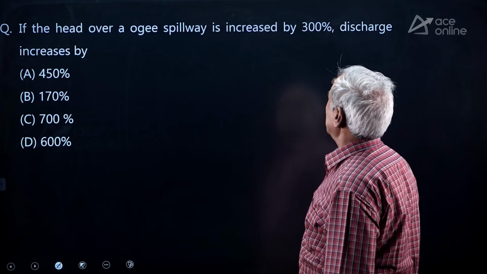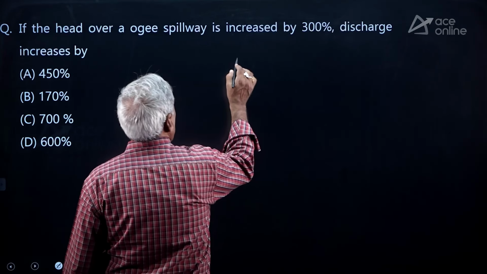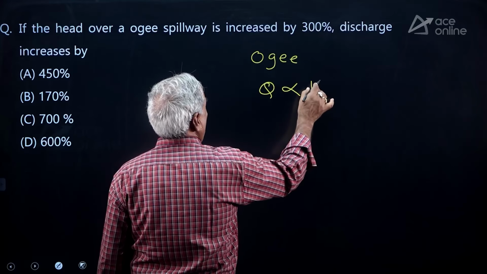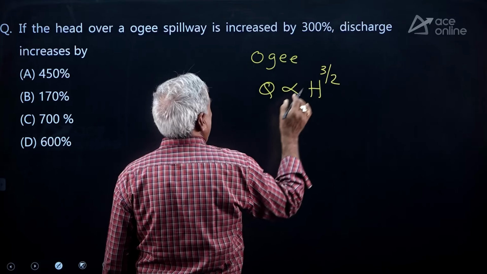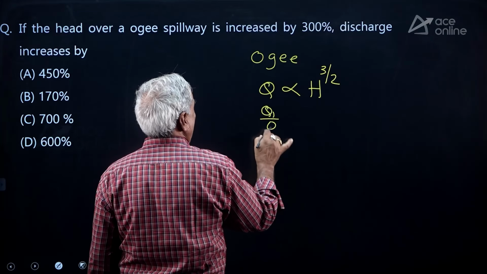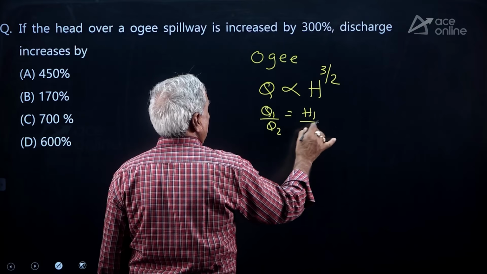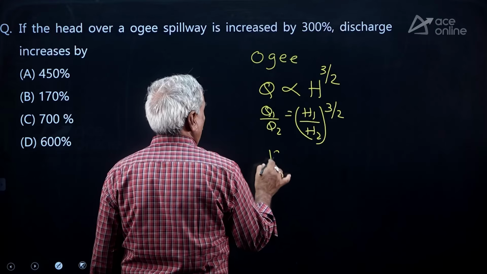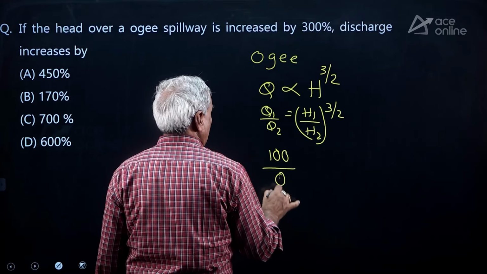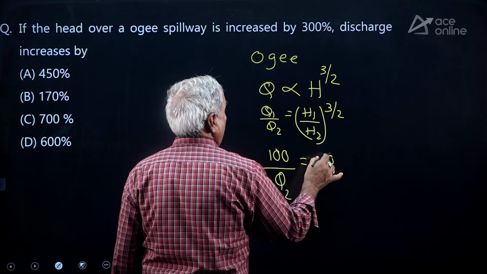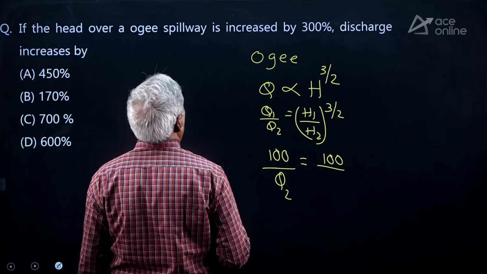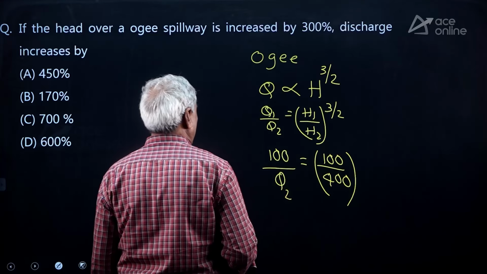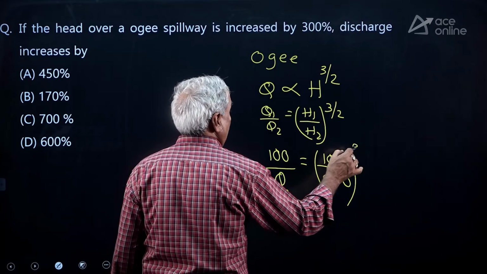If the head over an Ogee spillway, for Ogee spillway, Q is proportional to H power 3 by 2, Q1 by Q2 is equal to H1 by H2 whole power 3 by 2. Q1 is 100, Q2 value I don't know, H1 is 100, increased by 300, 100 plus 300, 400, whole power 3 by 2.